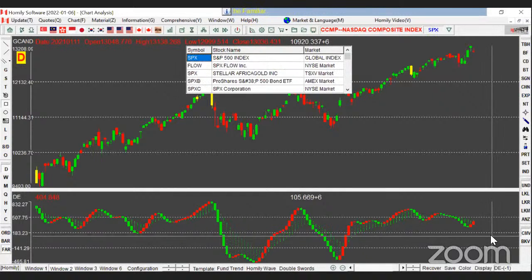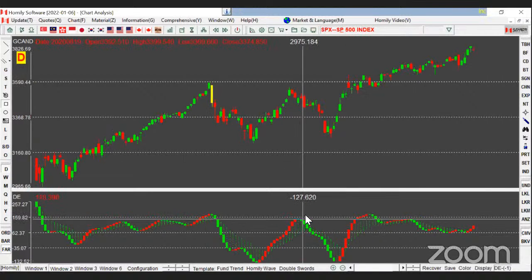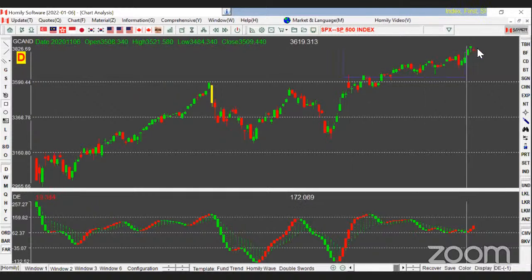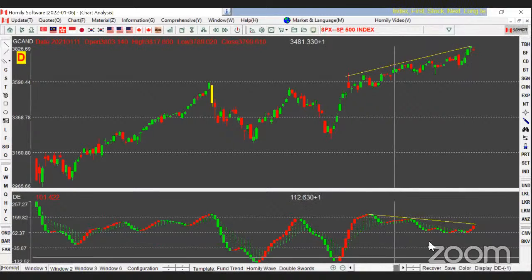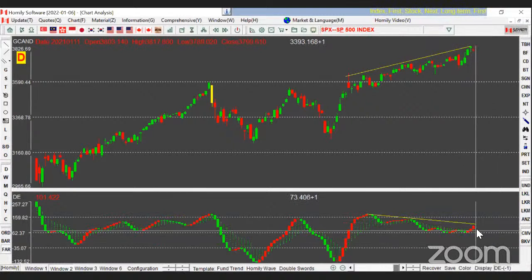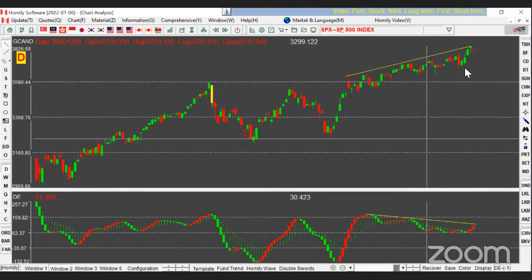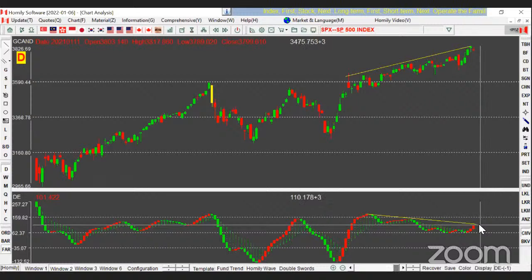If you check the S&P 500, roughly it would tell you the same story, right? The price, the high point also is becoming higher and higher, but here we see the high point become lower and lower. But for the S&P 500, the divergence is not yet completed because we don't yet have a green bar for the deviation expert, right?